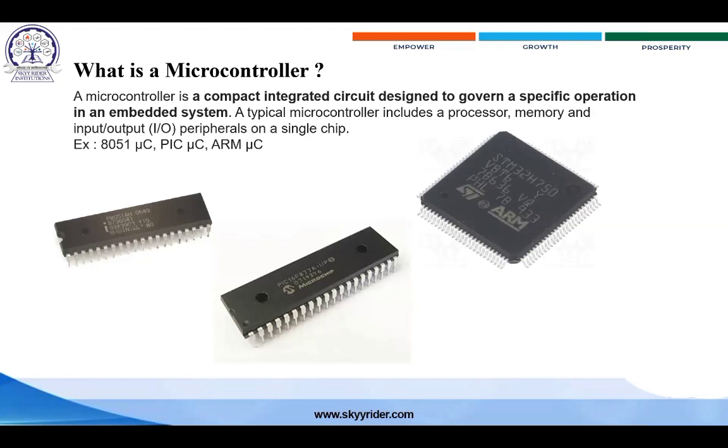Though microprocessor is a different subject, the embedded system revolves around the microcontroller. Why? Because in a microcontroller you get a number of things that you do not get in a microprocessor. When a number of things are added into a microprocessor, it becomes a microcontroller.